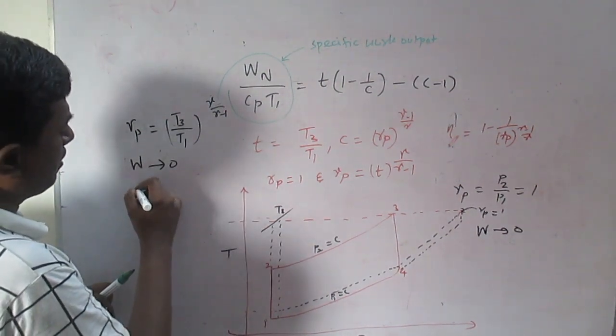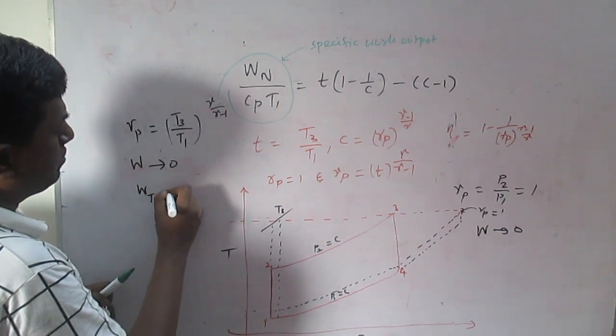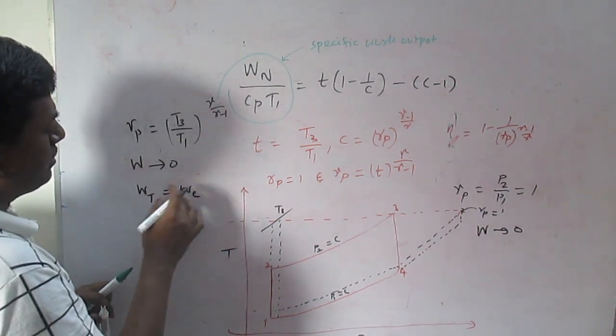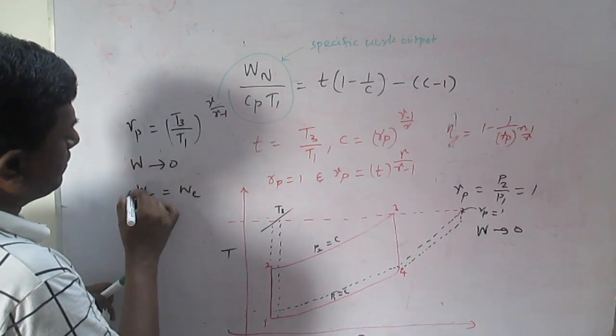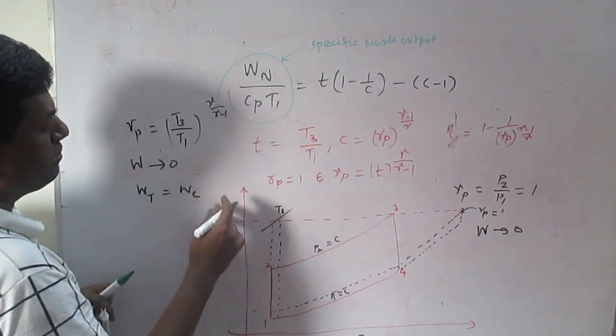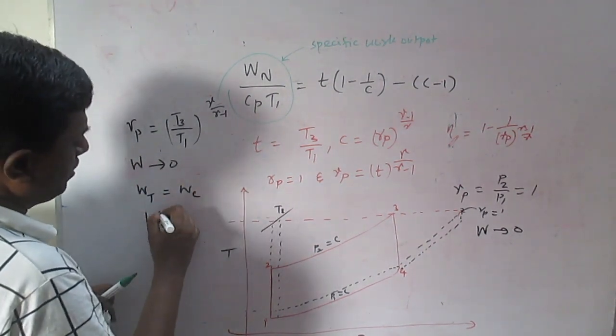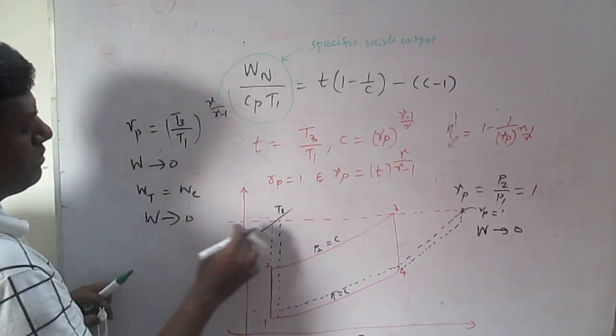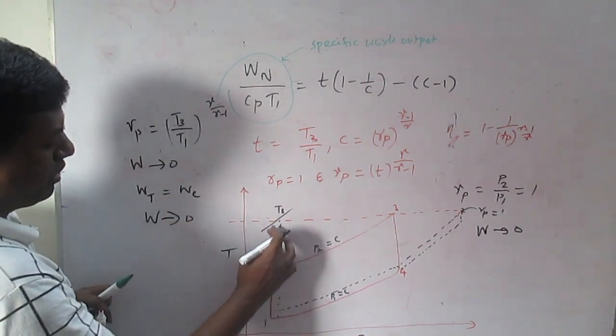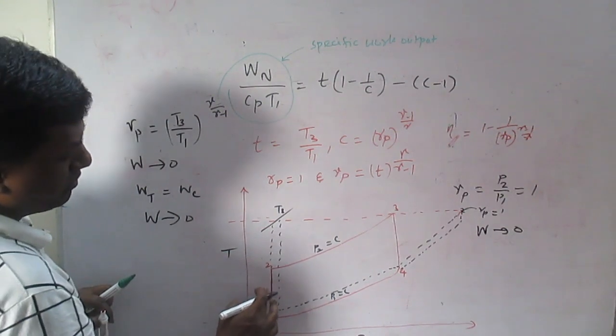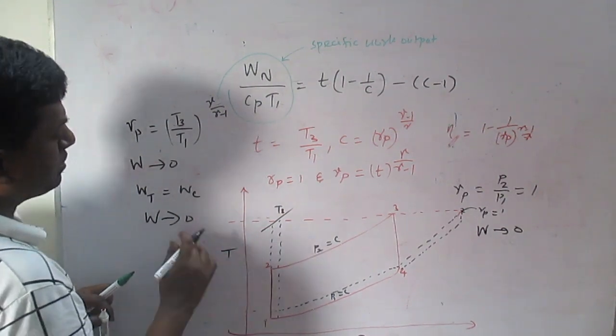It means your turbine work equals compressor work. When we have this condition, your net work output is also 0, because both processes coincide, that is, the compression process and the turbine process coincide.